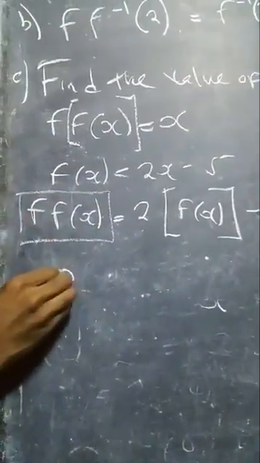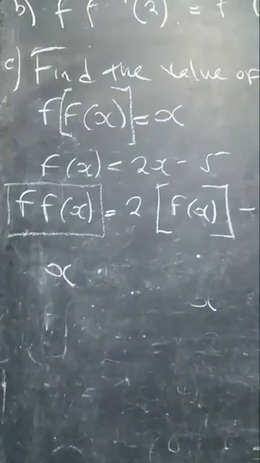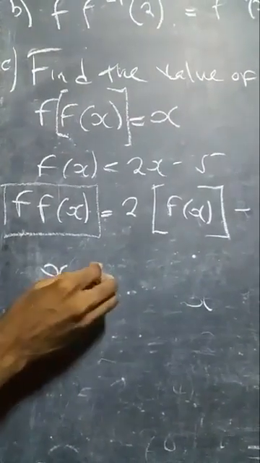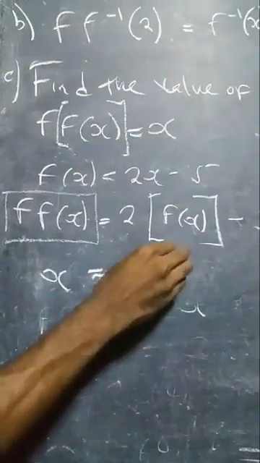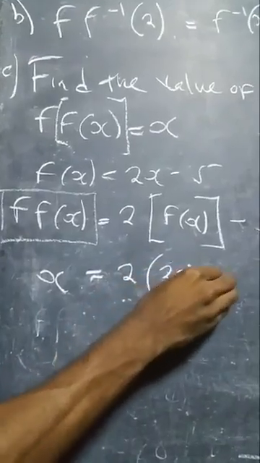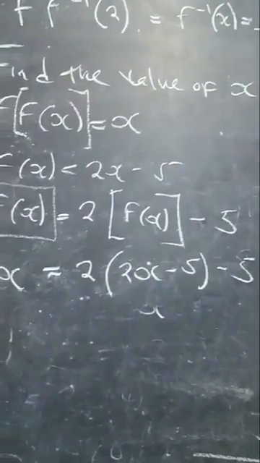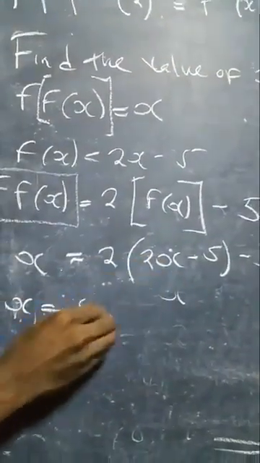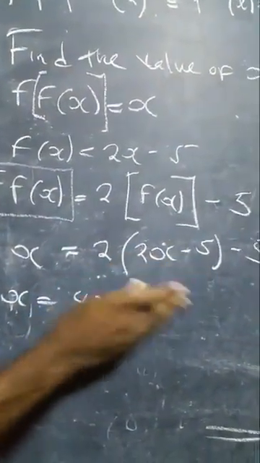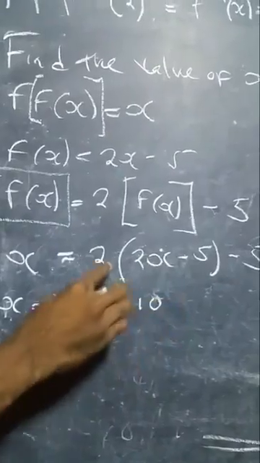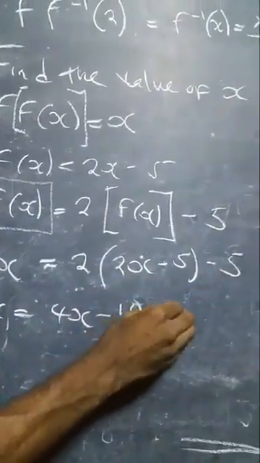Where there's this, we put x is equal to 2 open brackets 2x minus 5, minus 5. So x is equal to 4x by that it's minus 10, then of course minus 5.